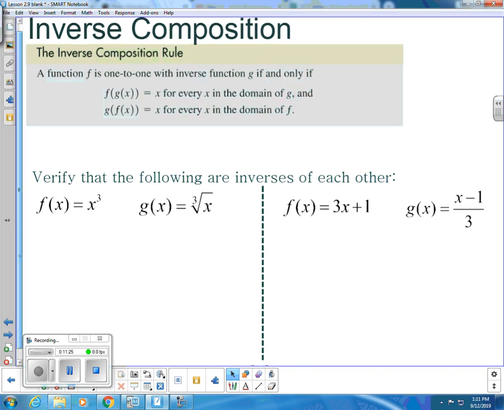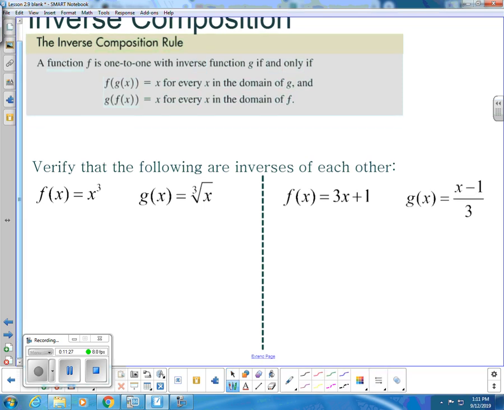So let's look. So we're going to do f of g. So my f function, I'm going to input my g function. So if I am cubing a cube root, it just cancels, right? So that equals x. So we proved it one way.